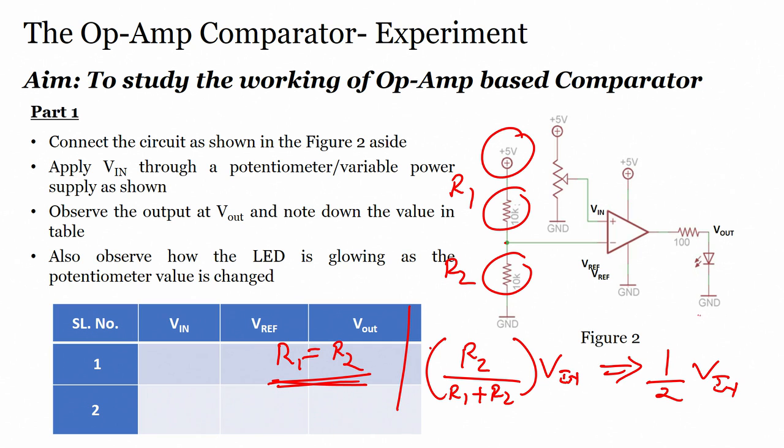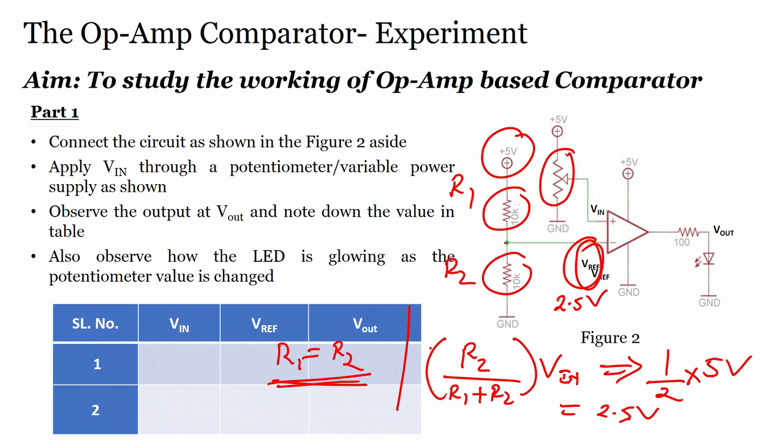V in is 5 volts, so if I replace V in by 5 volts, my answer would be 2.5 volts. That means the V reference I am applying is 2.5 volts. Now, we have a potentiometer, we have a pot.